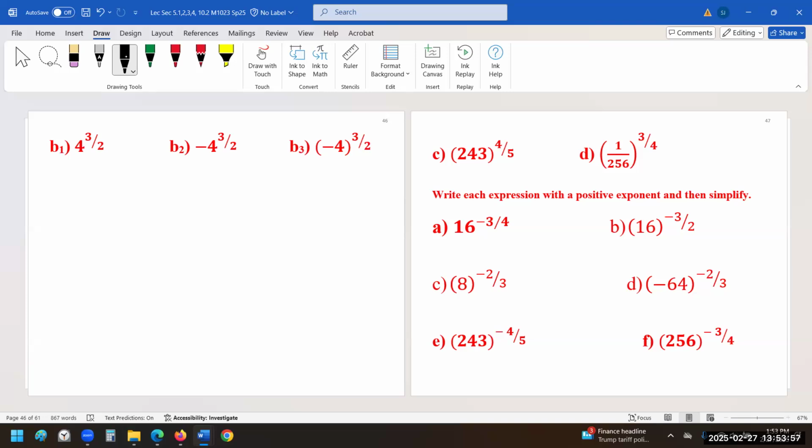Wait, but when does this not exist? For negative eight, you can't take an even root. So this doesn't exist, because this is an even base, and there's an even root.